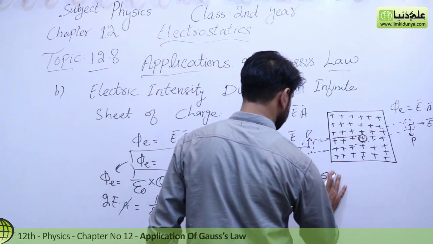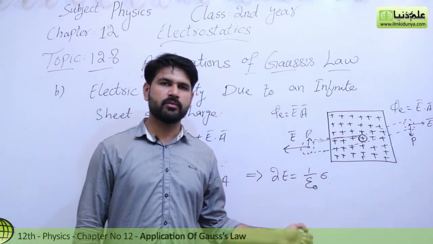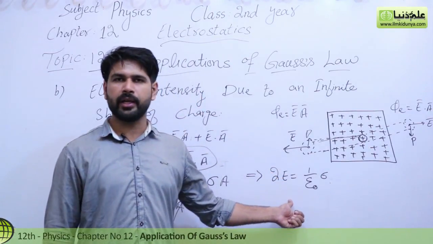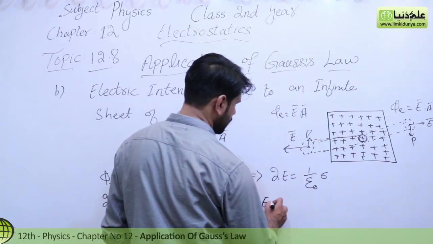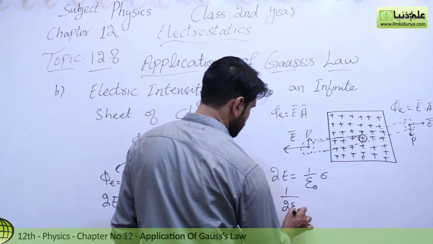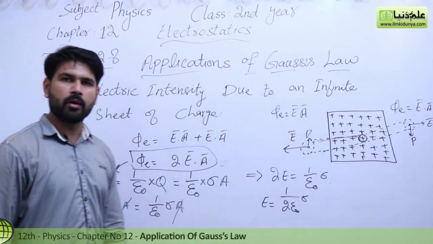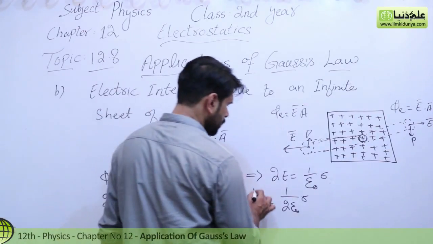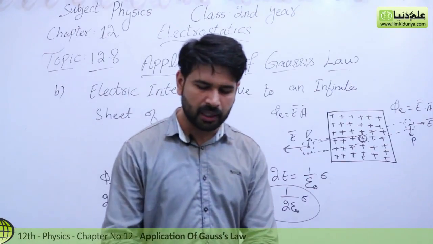Our intention is to find E, the electric field intensity. E should be equal to 1 over 2 epsilon naught times sigma. So this is the electric field intensity due to an infinite charge sheet.